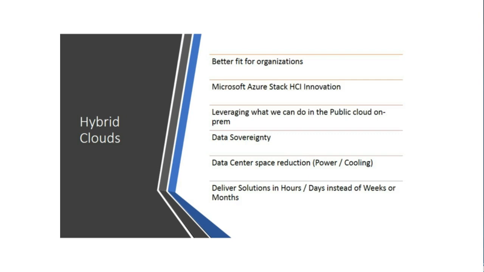Hybrid clouds, another good reason why we move out of them is, of course, that we can deliver that scaling up that we talked about, the new services, the new infrastructure, platform, whatever it may be that we need to deliver. We can deliver it in record time.